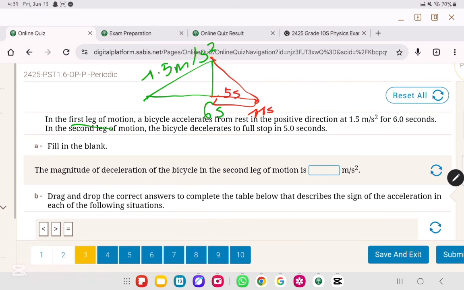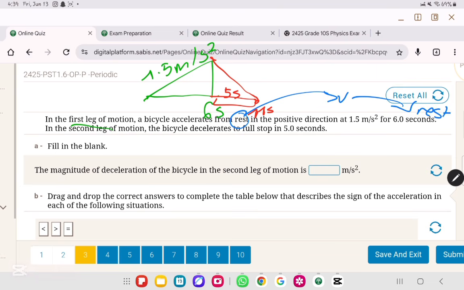plus 5 seconds. Now, what we need to know is that the same velocity is used, okay? How do we know? Because it started from rest, it went to a specific velocity, and then it went back to rest.